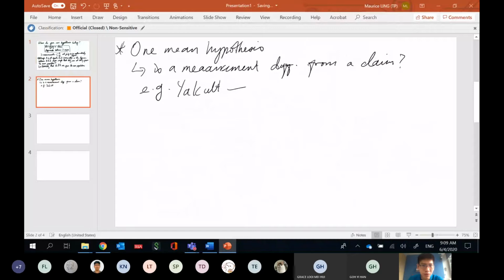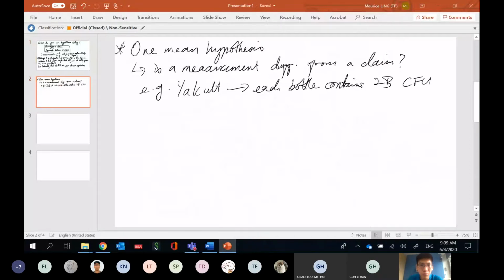Okay, Yakult, by the claim, each bottle contains 2 billion bacteria. Okay, you know that for bacteria it is CFU, colony forming unit. Each bottle contains 2 billion.